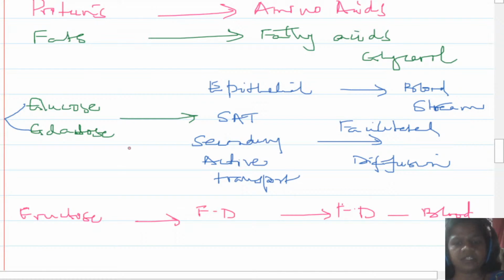But glucose and galactose first need to enter the epithelial cells through secondary active transport coupled with the sodium ion, and from there they enter the bloodstream through facilitated diffusion. The next is the amino acids. Amino acids also go through the same process as glucose and galactose.